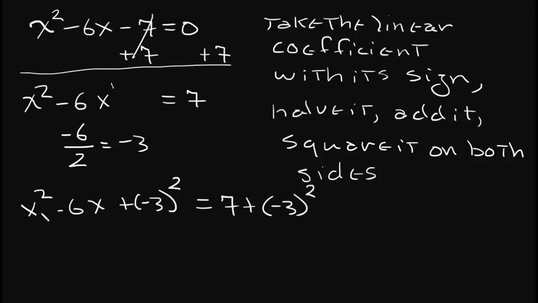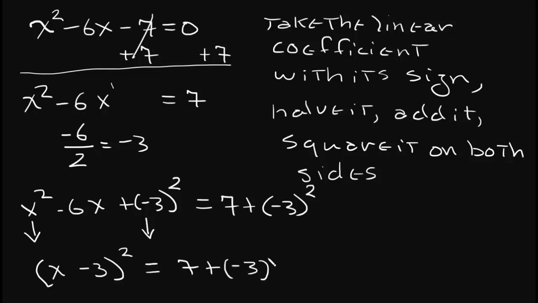The value of doing this is, now that we've set it up in this fashion, we can take the two squared parts of this side of the equation, the x, which was squared, and the minus 3, which was squared. Take them down, square that, and that's going to be equal to 7 plus negative 3 squared.